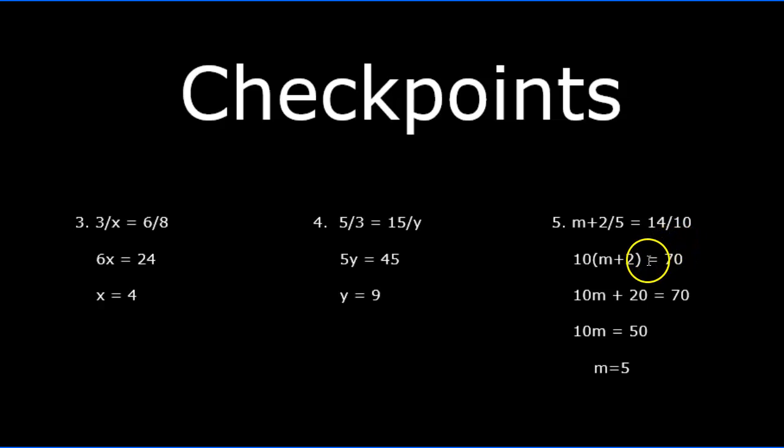So we're going to do the same thing as we did in the previous problem. 10 times m plus 2 is what we have when we multiply those two together, equals 70. We distribute it, and we end up with 10m plus 20 equals 70. Then we subtract 20, we're left with 10m equals 50, and m equals 5.